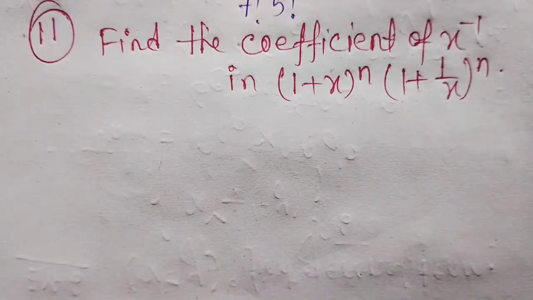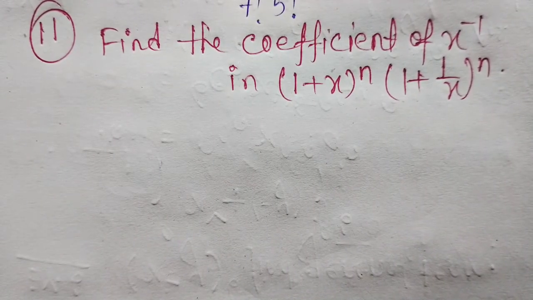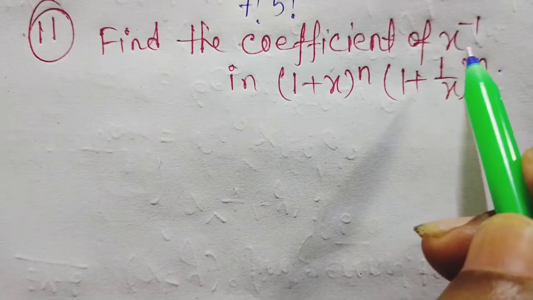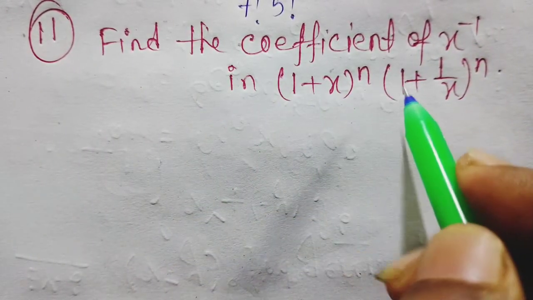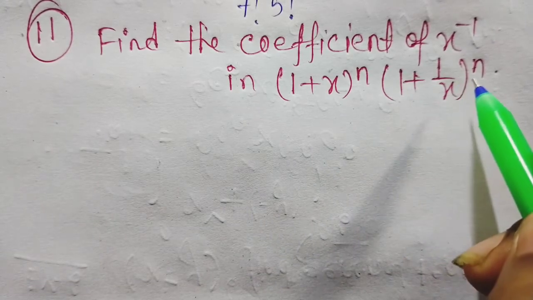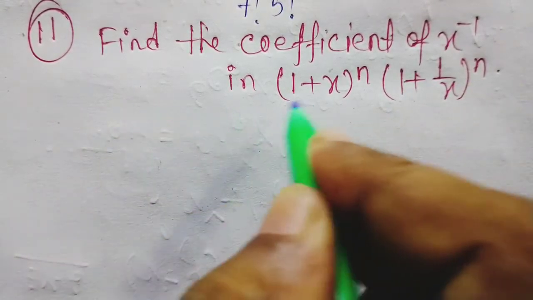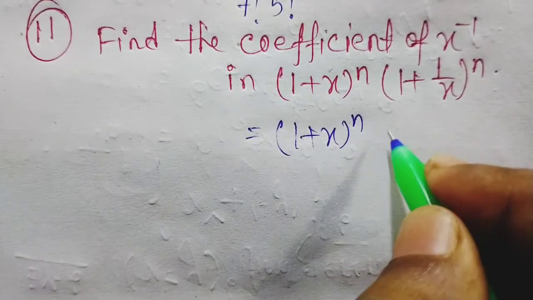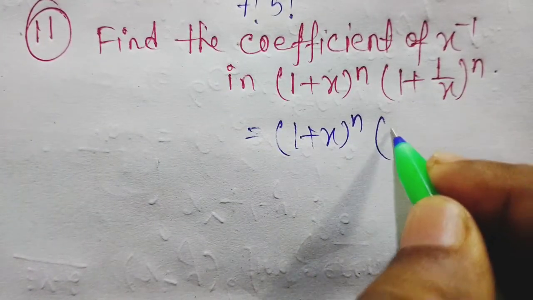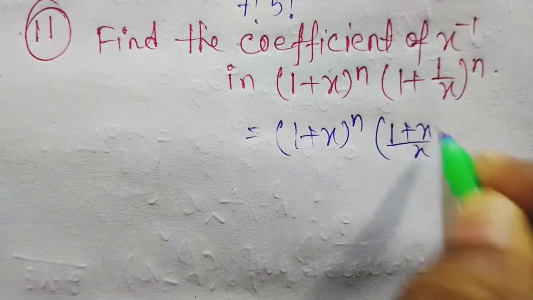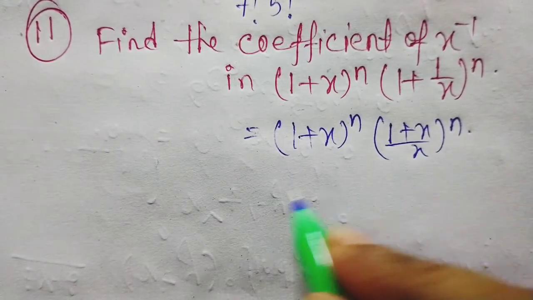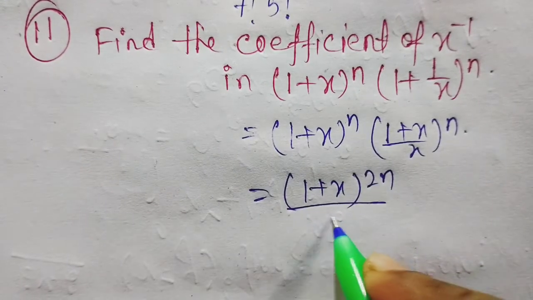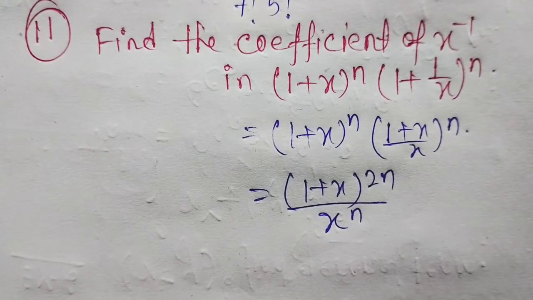Okay, try to solve another important question. Find the coefficient of x to the power minus 1 in (1 + x) to the power n into (1 + 1/x) to the power n. Clearly, it can be written as (1 + x) to the power n, and taking the LCM, ((1 + x)/x) to the power n. So it's (1 + x) to the power 2n by x to the power n.